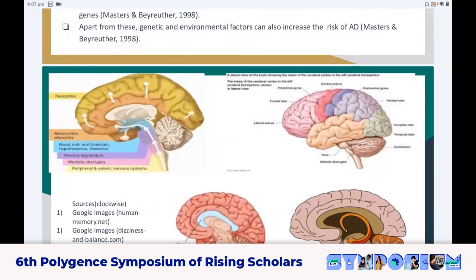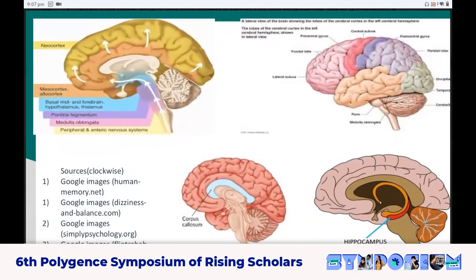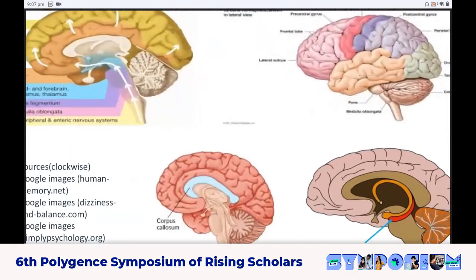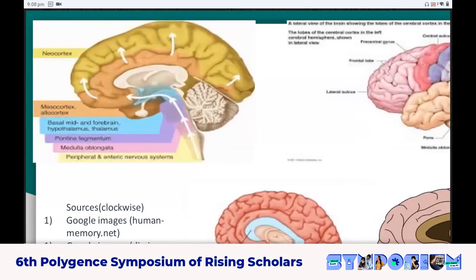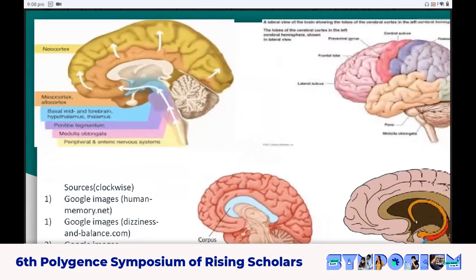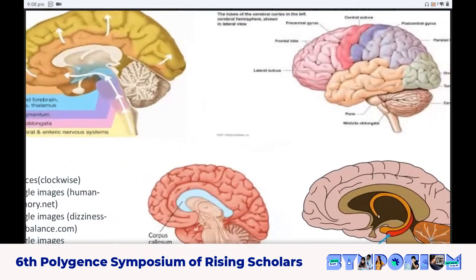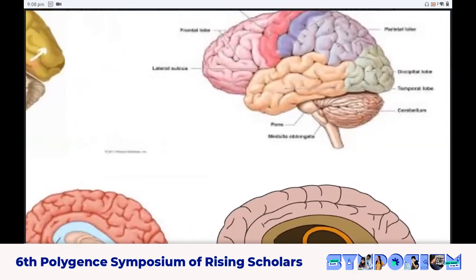To describe the brain regions that are affected, let me zoom in on this first figure. In Alzheimer's disease, not just one region, many regions are affected. One region is the neocortex, colored in yellow in this part. The second is the cerebellum, the small brain-like structure below the brain, forming a ball-like structure at the base, this pinkish structure.